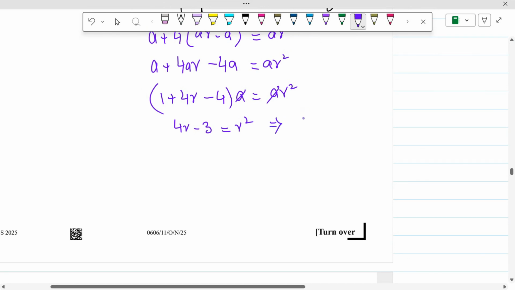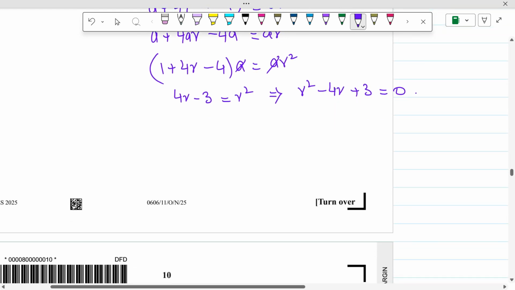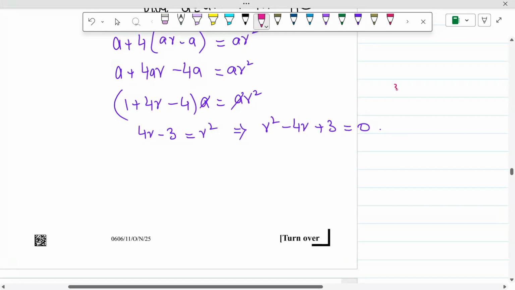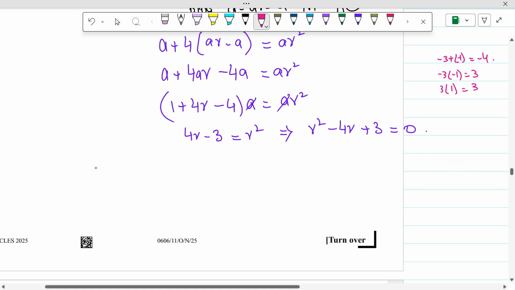Further solving, we have r squared minus 4r plus 3 equal to 0. So we have a quadratic equation, and it can be solved by factorization, because negative 3 times negative 1 is equal to 3, and when we add negative 3 plus negative 1 we have negative 4. So this equation can be written as r squared minus 3r minus r plus 3 equal to 0.